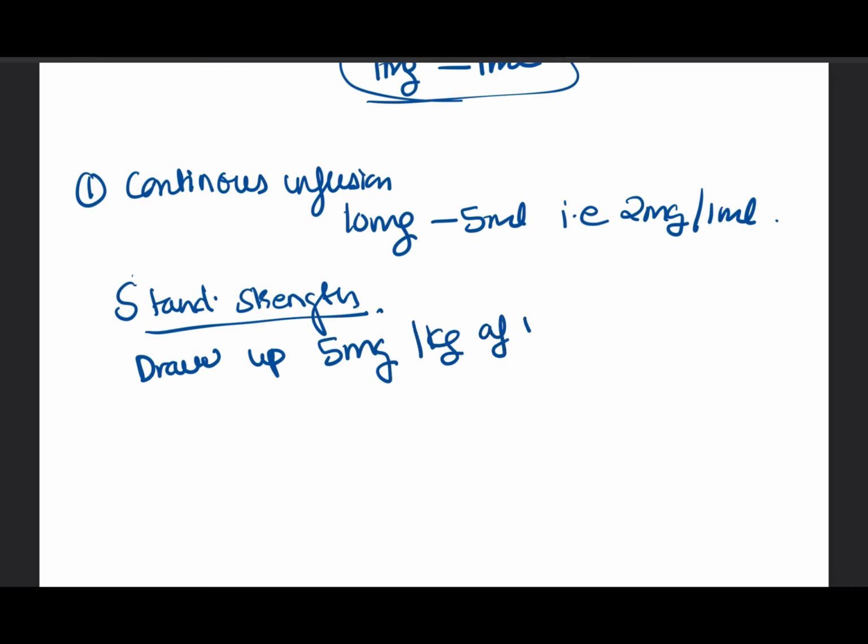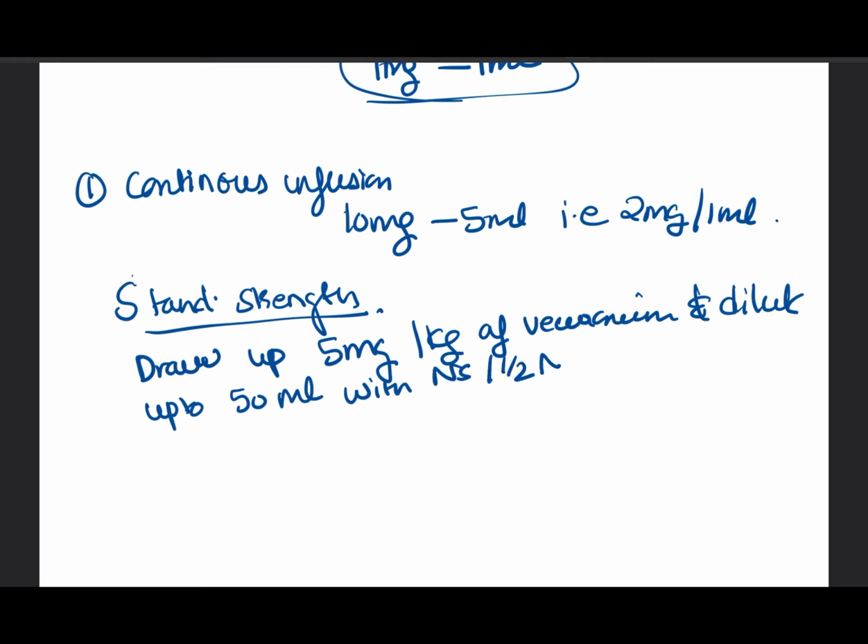So you'll draw up 5 mg per kg of Vecuronium, and you will dilute it in 50 ml of the compatible fluid, 50 ml of normal saline, or half normal saline, or 5% or 10% dextrose, whichever you are choosing. All right, so this is the standard strength.